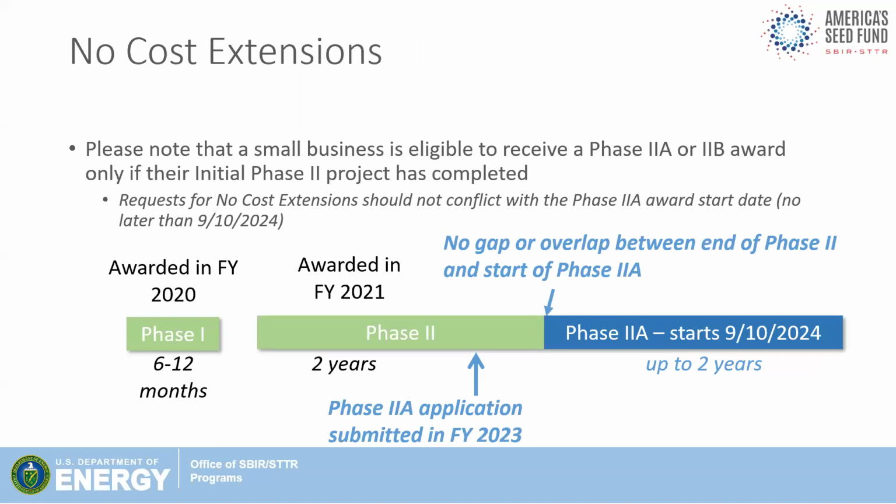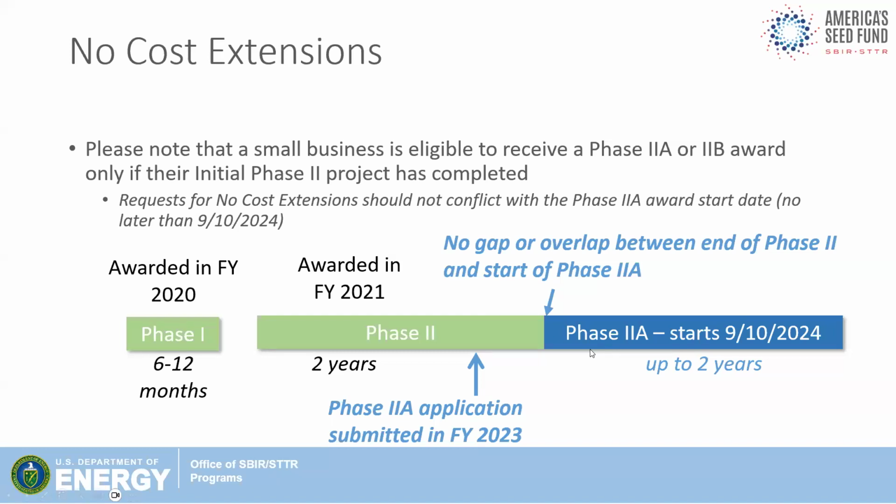I did want to point out that there's a challenge with no-cost extensions, because we are setting this up so there's no gap between your phase 2 and your 2A or 2B. You cannot put in a no-cost extension that would prevent us from giving your 2A. For example, those of you applying for this phase 2 release 2, your grant start date is September 10th for this phase 2A award.